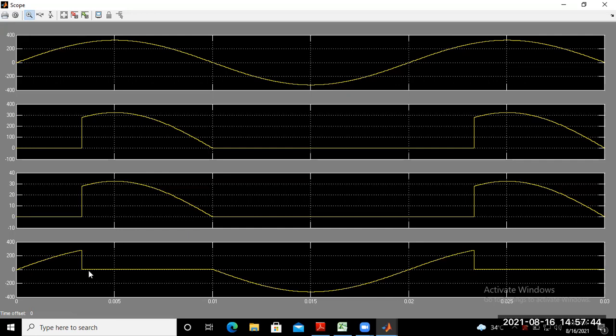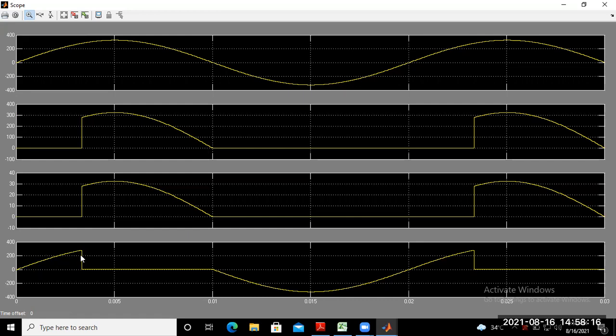Okay, so you may observe that from 0 to the delay angle of 60 degree, that means up to this point, the thyristor does not conduct, so you obtain a voltage similar to the input voltage waveform.